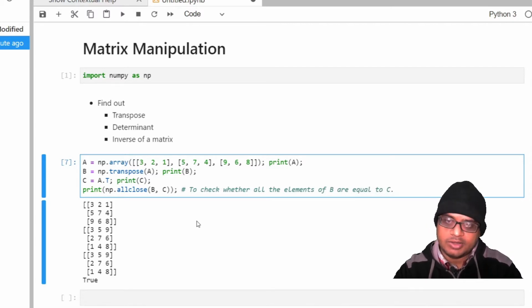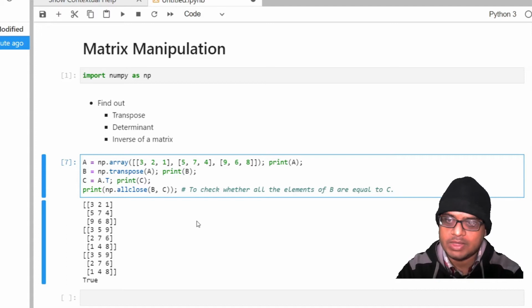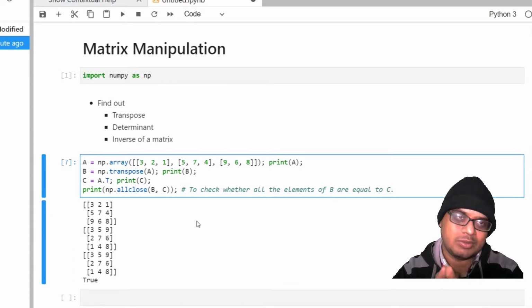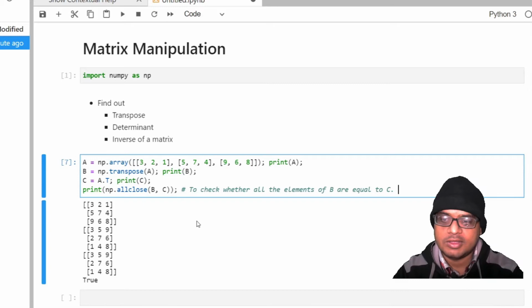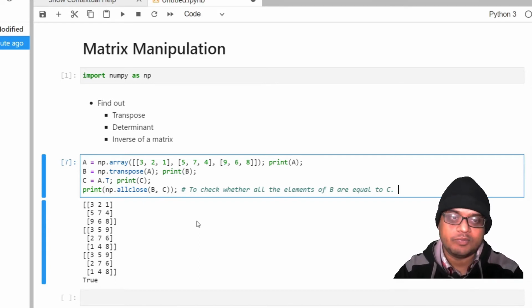This checks whether all the elements of B are equal to C. Even if one element is not equal, it returns False. The reason it's called allclose is that here we're using integers as inputs to the array. In case you start using floating point numbers, precisely equating two floating point numbers is not logical to do. A computer has a finite representation in terms of bits, so you'll always be restricted by the representation of a number.